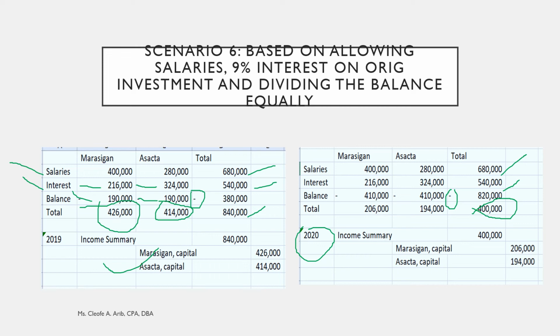We divide the excess equally. So each will get 410,000. So at the end of 2020, magkano nakuha ni Marasigan? 206. Asakta naman is 194. Then with that, you can now prepare your entry to record the distribution of the 400,000.